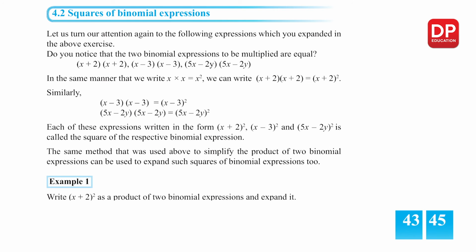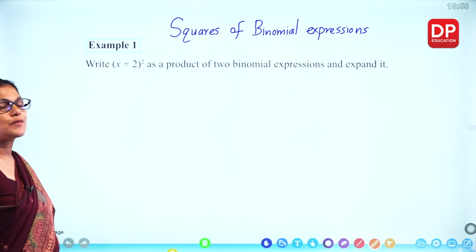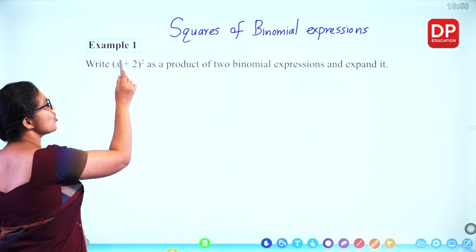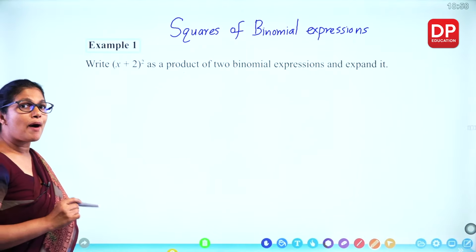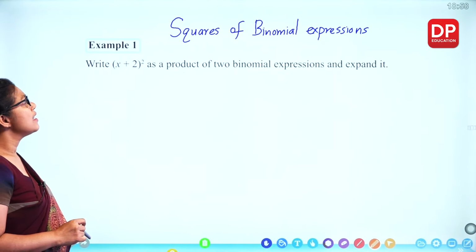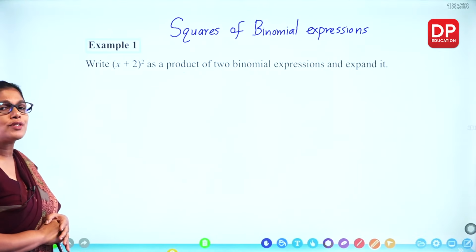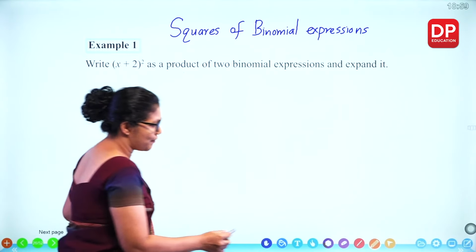So we'll see squares of binomial expressions. So what does square mean? When you get a binomial expression and you consider power 2, we call it square of a binomial expression. So we'll try to use the rainbow method and see what you get first.